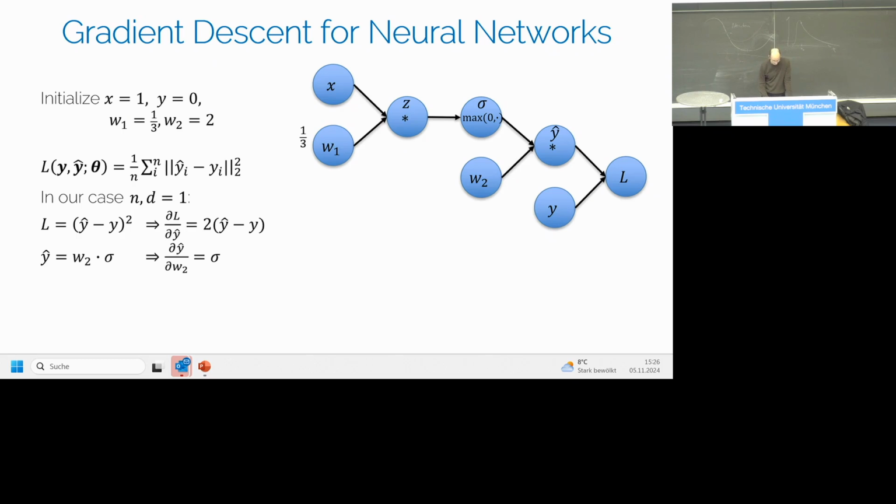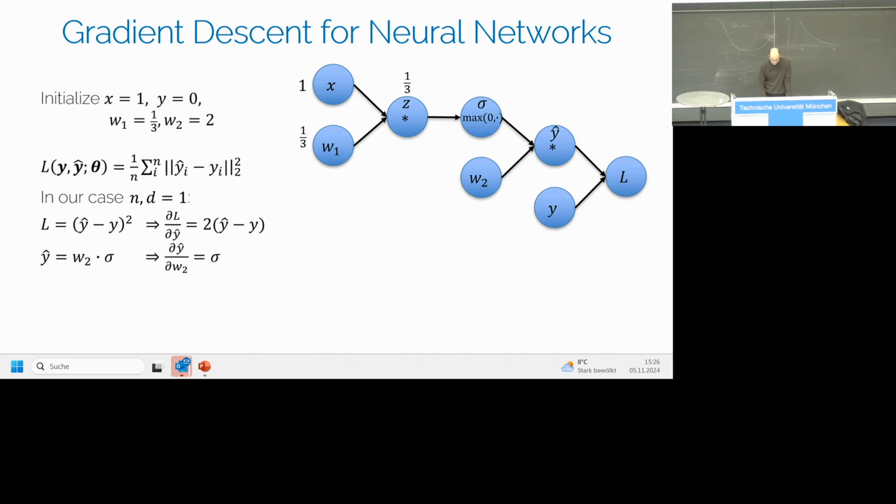Then we have the loss, and then we can do the computing. So we take the derivative of the loss with respect to y hat, since it's mean square, it is just a linear function in y. Then y hat is W2 times the output of the previous layer, and so dy hat by dW is the output of the previous layer, sigma.